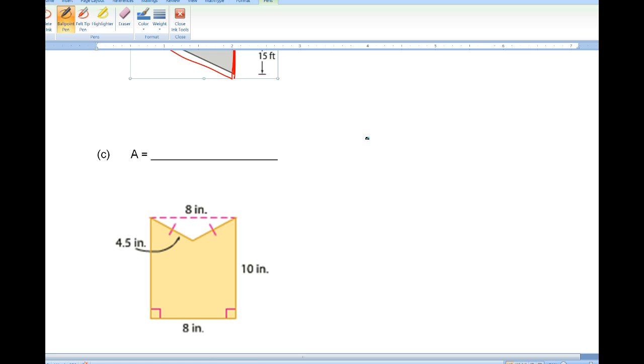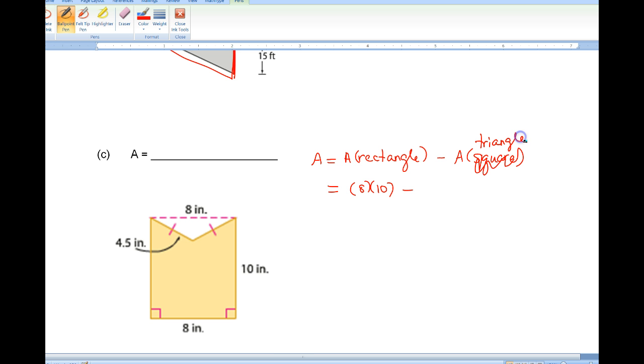Okay, so I did this wrong because I got 1,017.06. Oh, Miss Kate, I know how to do this. So what's the area of the rectangle? It's 8 times 10. Okay, what's next? Oh, why did I put square? This was to say triangle. Sorry. We're out of time. How do we find the height?